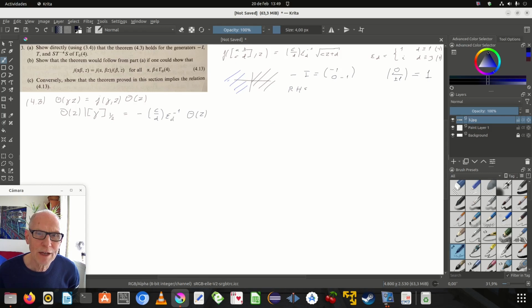So the right-hand side, -1, and D is equivalent to 3 modulo 4, so that's I to -1st. That gives the imaginary unit itself.